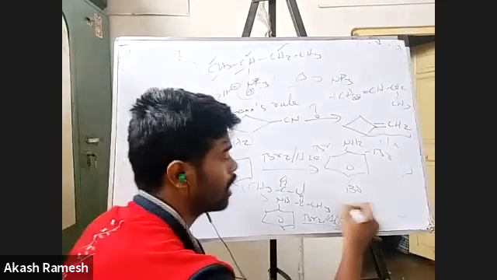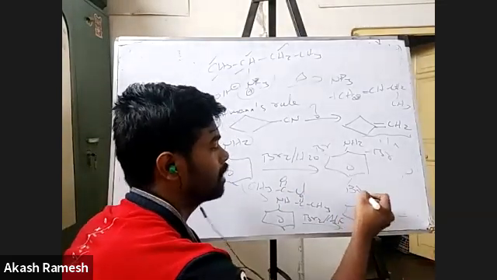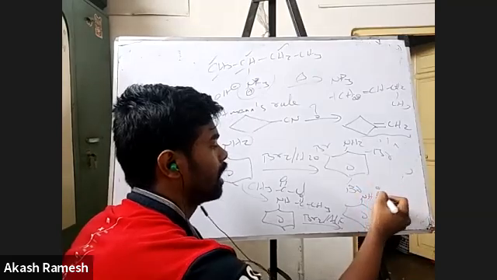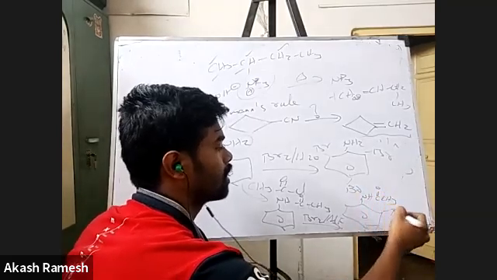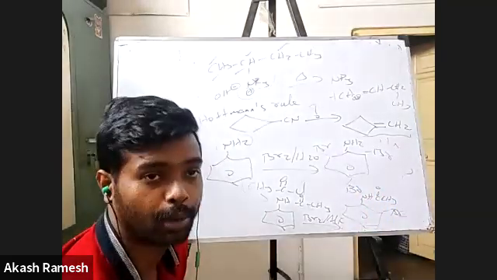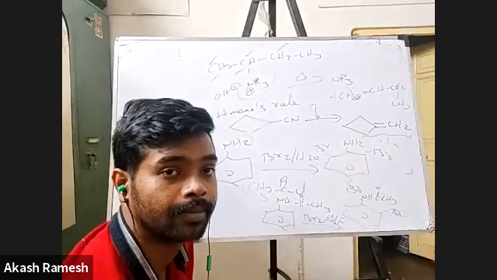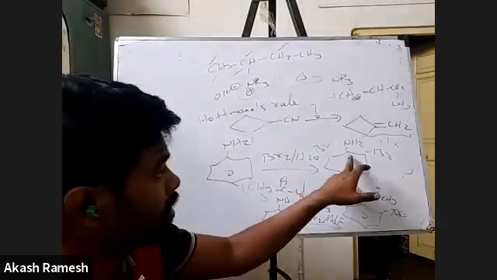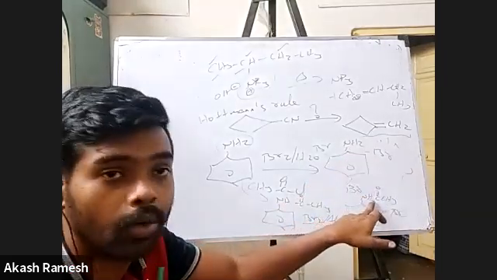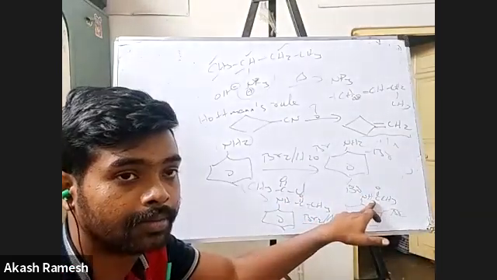Now you will get the Br only at, say, the para position or ortho position of the NHCOCH3. Now you have to get back the amine. You want NH2 only to be there. So what will you do for this? Reduction?